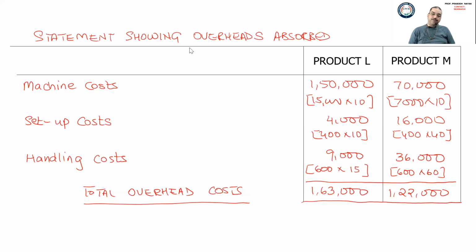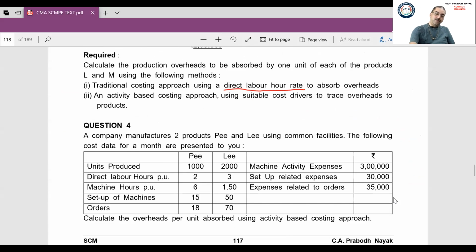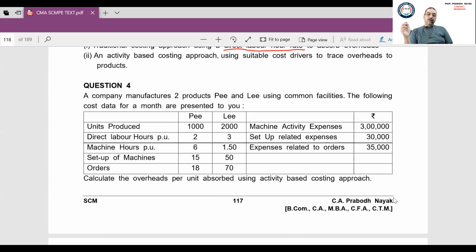Now let us come to question number 4. A company manufactures two products P and D using common facilities. The following cost data for a month are presented to you. Units produced 1,000 and 2,000.